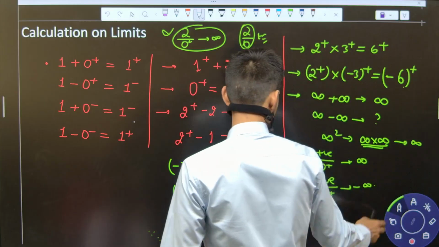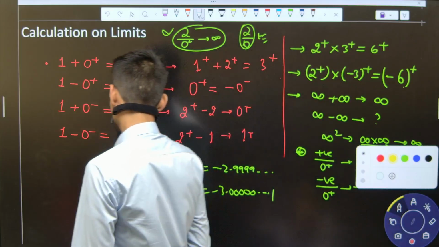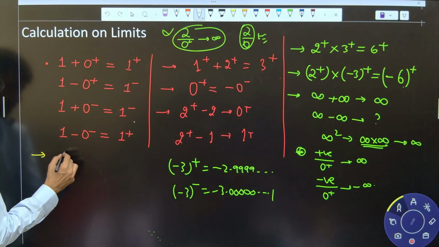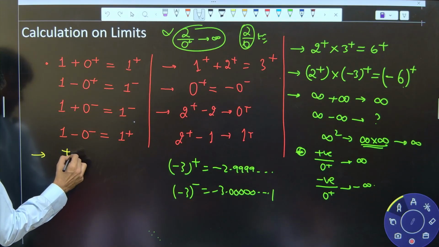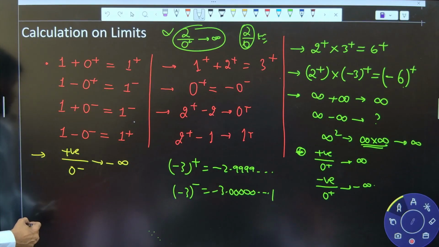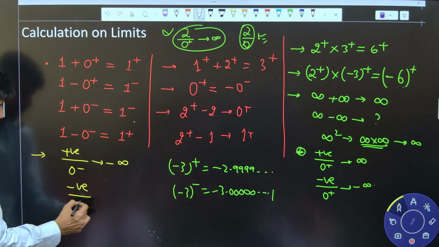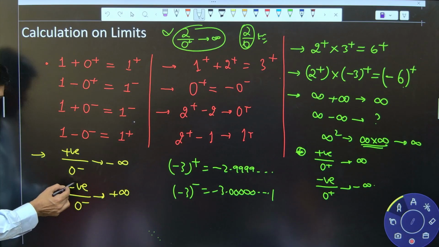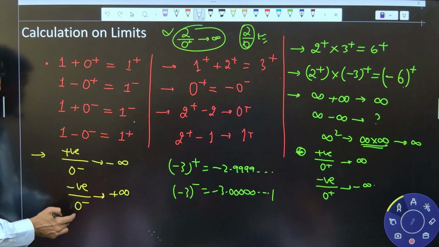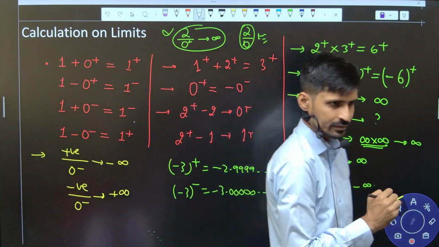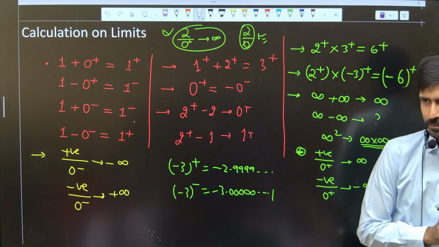Here, a positive number divided by 0 minus is minus infinity. And a negative number divided by 0 minus will be plus infinity, because the negative number is already negative and 0 minus is already negative. Negative by negative will become positive. Okay Vishnu Priya? Yes na?